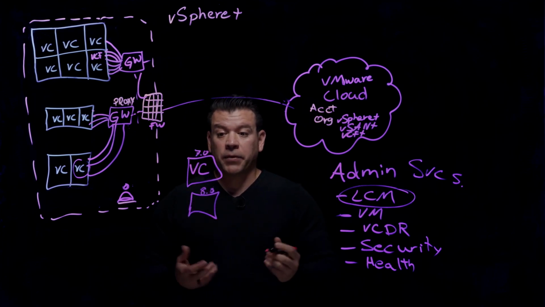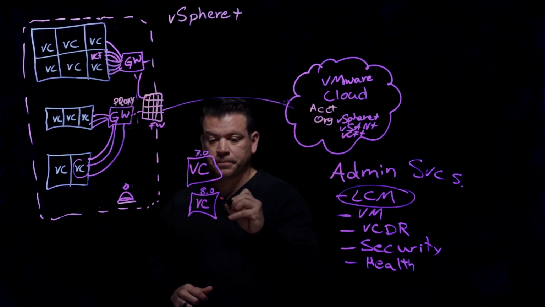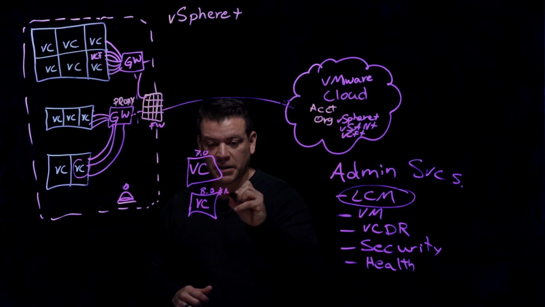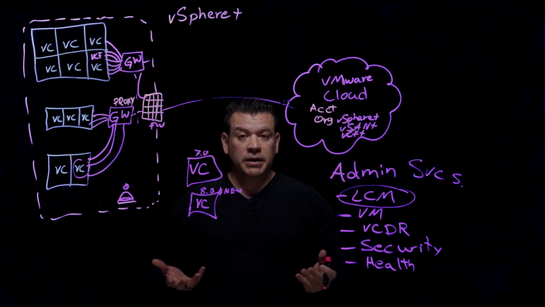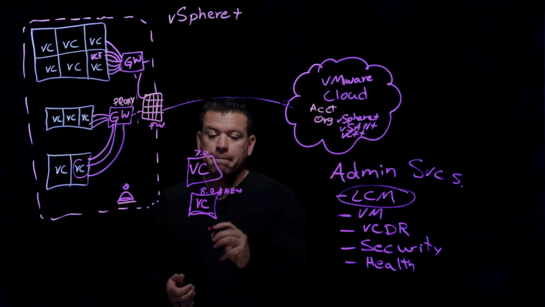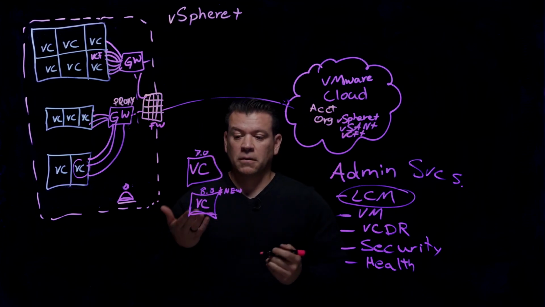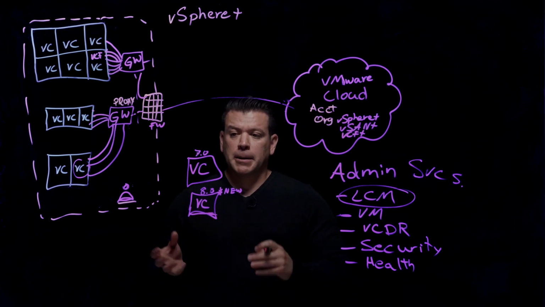When I'm doing a migration, I'm going to create this new VM. Let's put an asterisk here, say it's new. I'm going to go to the Customer Connect website, download the correct ISO for this, boot up the VM, and install vCenter the same way I do now.